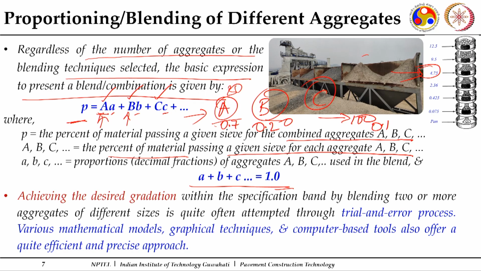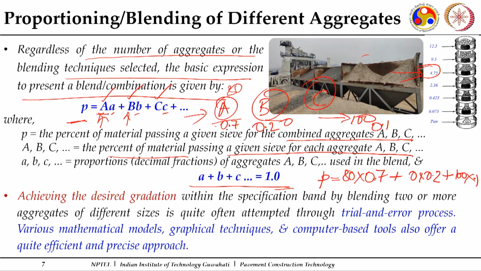Or in fractions it is 1. Now, for this particular example, if I want to see how much percentage is passing through 4.75, then as I said 80% is passing. So, 80 into 0.7 for the first case. Second case, I mentioned here 0% is passing. So, it is 0 into 0.2 because 20% share of this material, and third one 100% passing. So, 100 for this C, and its share is 10%.